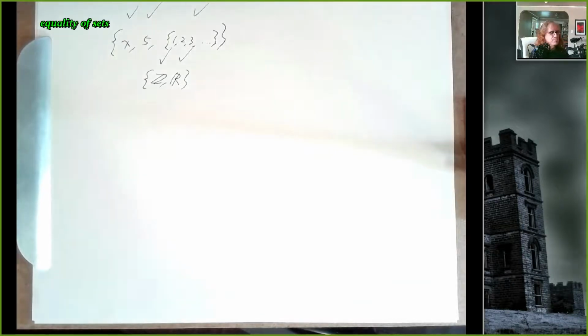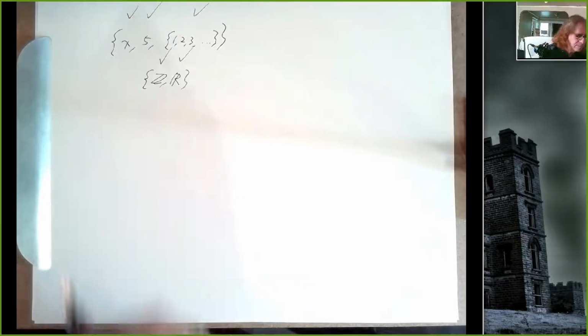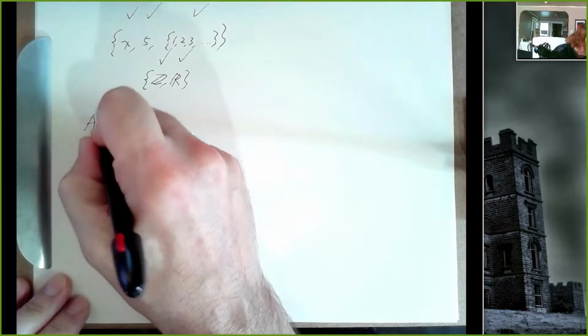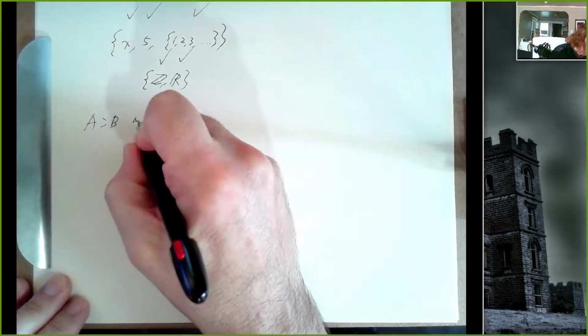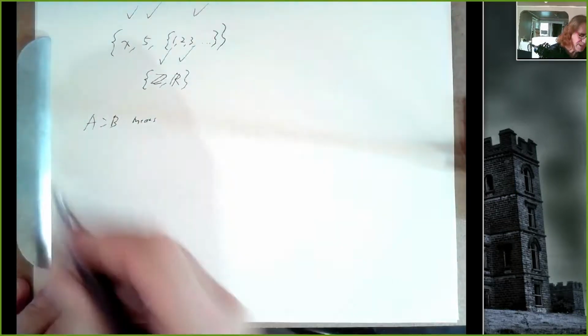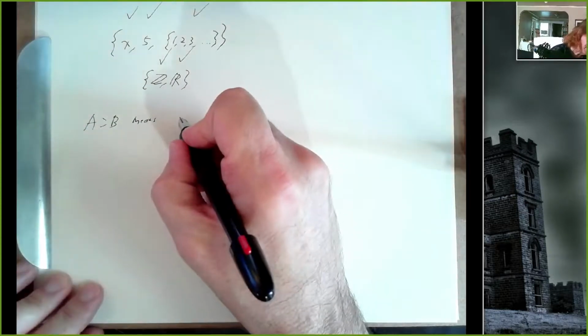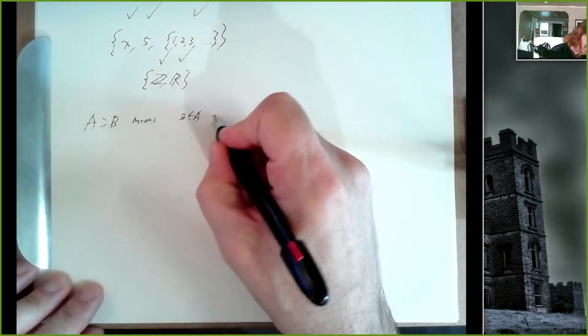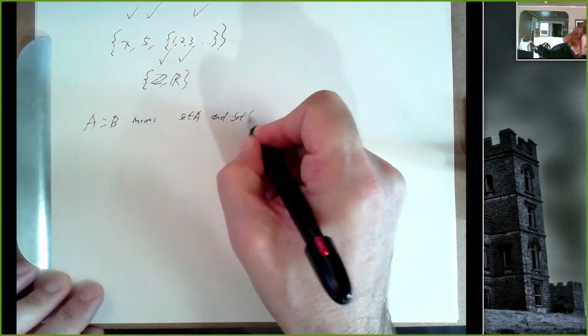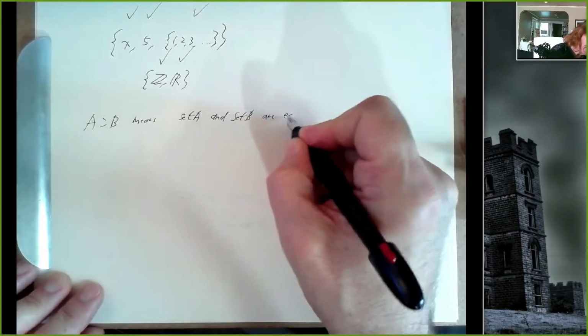All right, let me leave you with one more definition: equality of sets. So A equals sign B means set A and set B are equal.